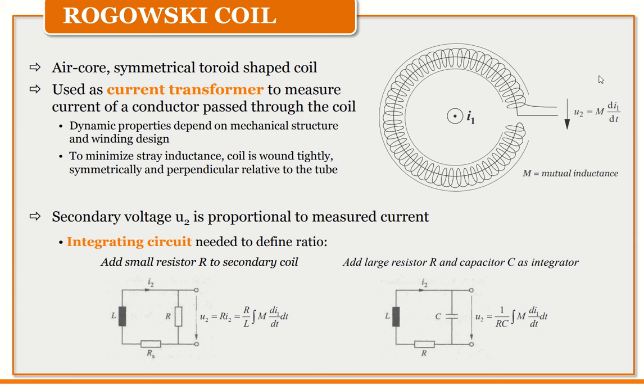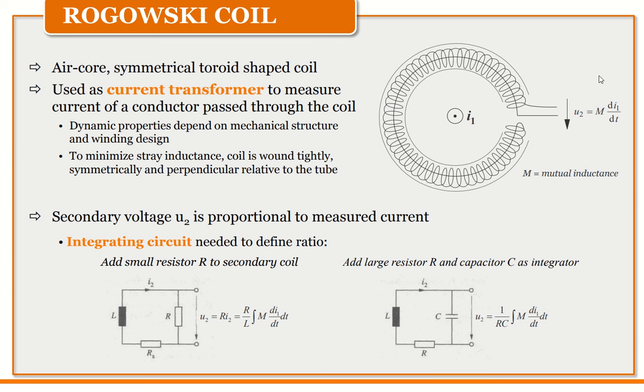The Rogowski coil is placed on the conductor, so the conductor goes through the coil, and this reflects the theory of Faraday's law. The coil will induce a voltage when it cuts a magnetic field, so the Rogowski coil can be connected directly to the oscilloscope to get the output.